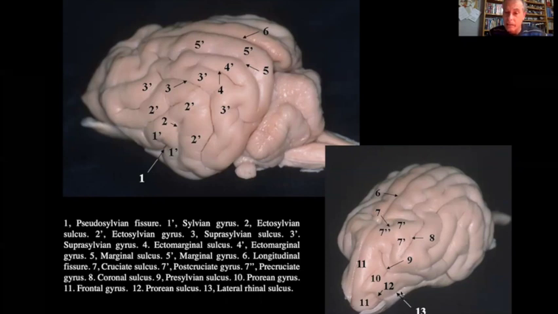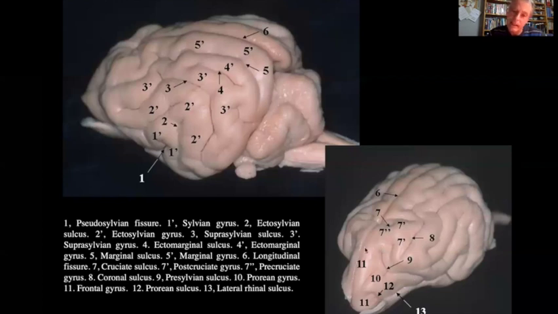In a frontal view, what do we have? We have the longitudinal fissure here and the cruciate sulcus. The gyrus that is rostral to the cruciate sulcus is the precruciate gyrus, and the one that is caudally located is the postcruciate gyrus, and the sulcus extends rostrally on top of the coronal sulcus. Here is an important sulcus, the presylvian sulcus, right?